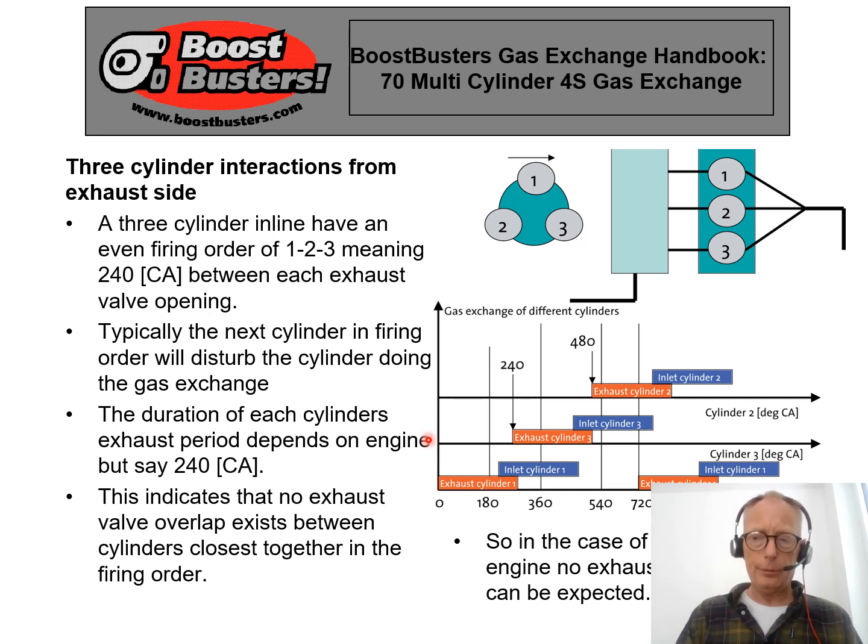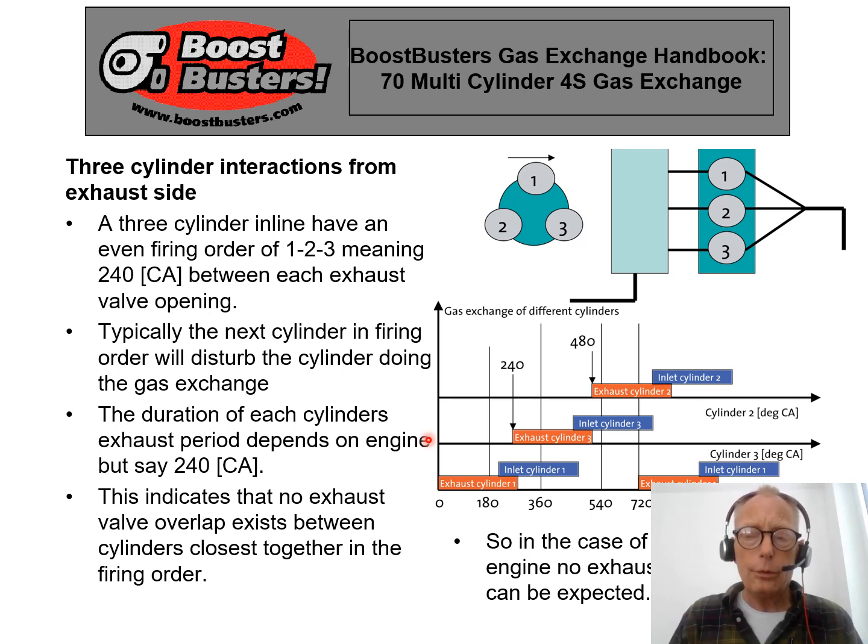In simplified language, that means that on a 3-cylinder inline engine with even firing, only one cylinder at a time has the exhaust valves open. This is very, very good, because then this engine is completely unable to disturb itself from the exhaust side. Therefore, 3-cylinder groups in general for 4-stroke engines, even firing, is a real advantage.